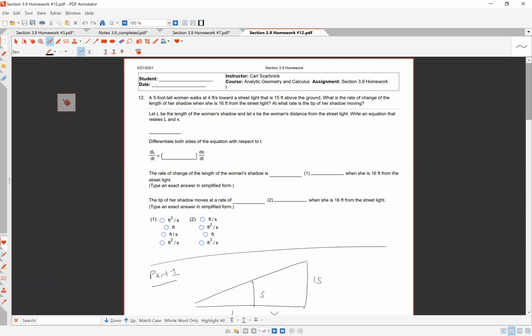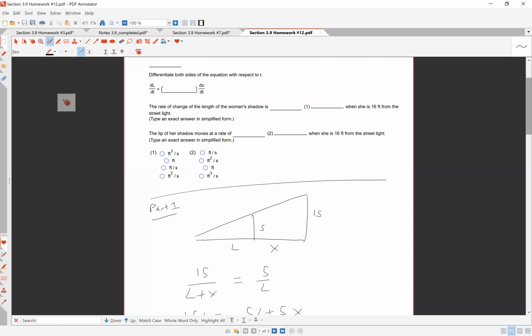I did all of this below the problem. Let L be the length of the woman's shadow and X be the woman's distance from the streetlight. Write an equation that relates L and X. Now we're going to use what we learned maybe from our trigonometry class a long time ago.